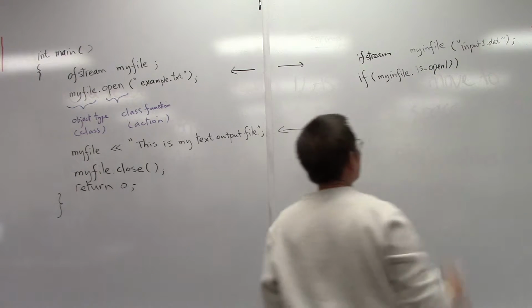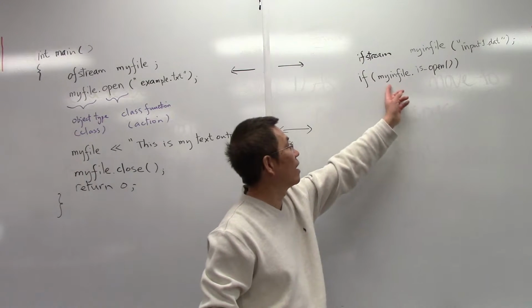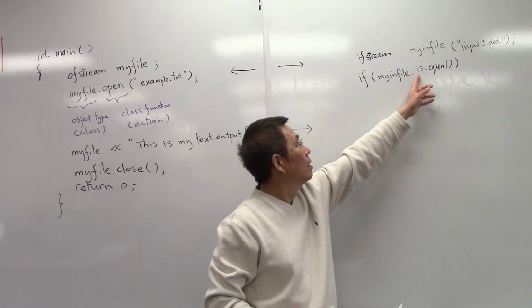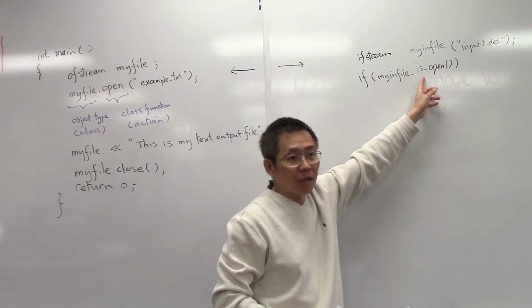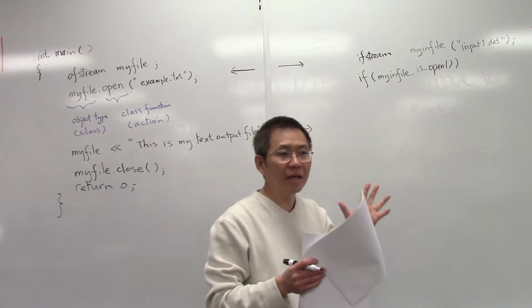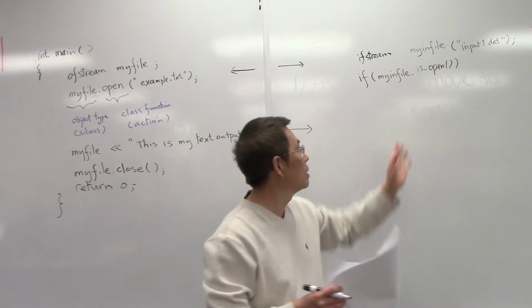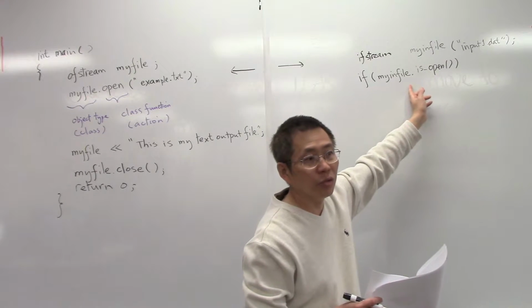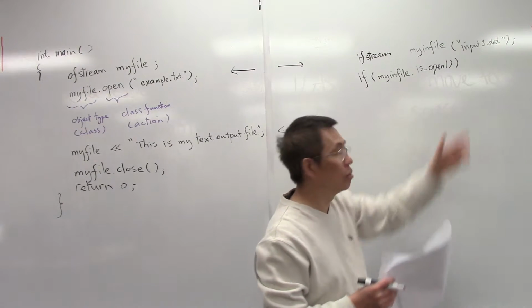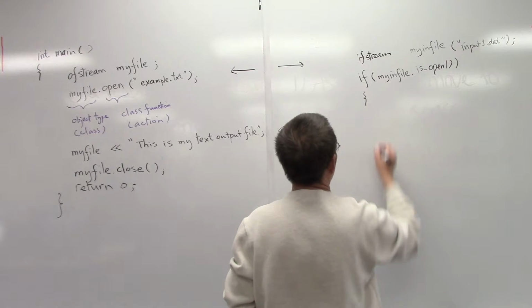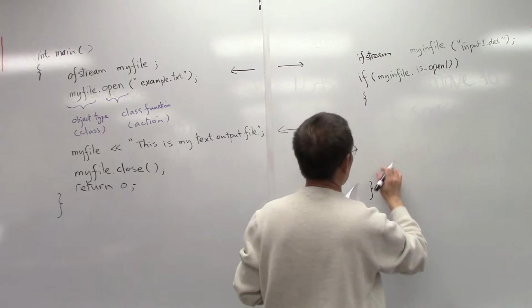This action is to check whether the file is open or not. If the file in the directory is open, this will return a value of true. When it's true, now we execute what's inside the block.